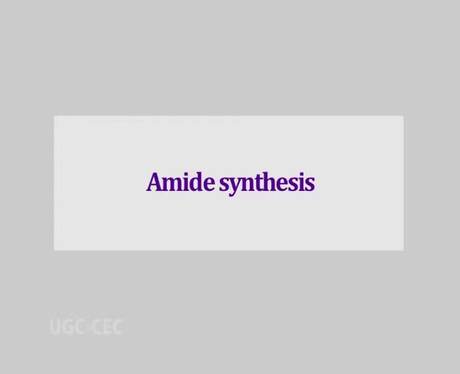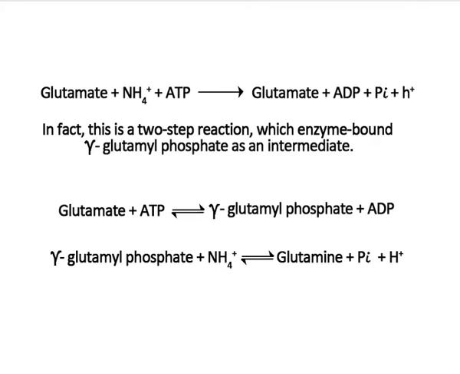The next is amide synthesis. The excess toxic ammonia is fixed as amides such as glutamine and asparagine, and the synthesis of amides is catalyzed by specific amide synthetases. The synthesis of glutamine requires ATP and is catalyzed by glutamine synthetase, which adds an extra ammonia group to the additional carboxyl unit present in alkyl groups.